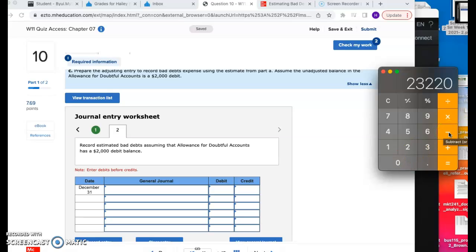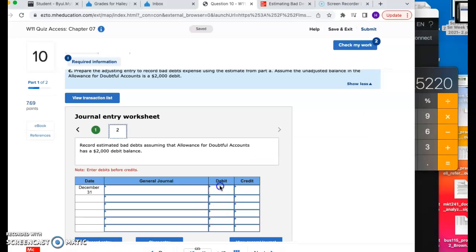But this time, since it's debit, we're going to add that. So that gives us 25,220.